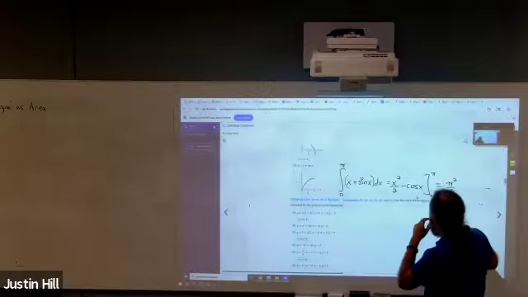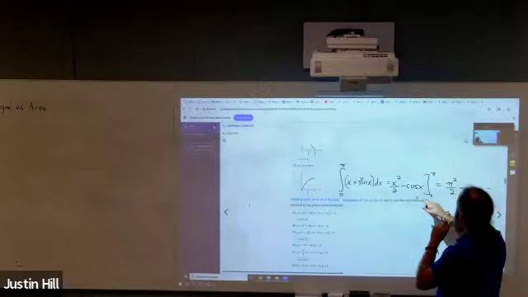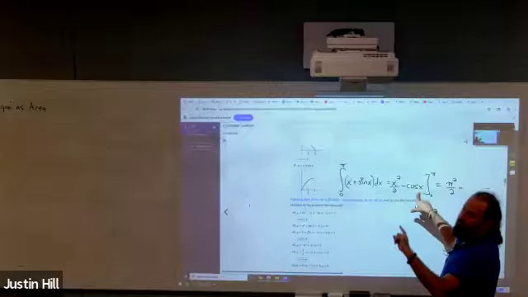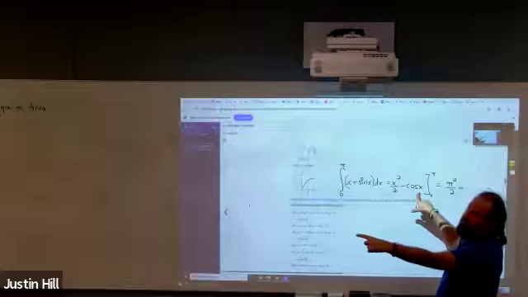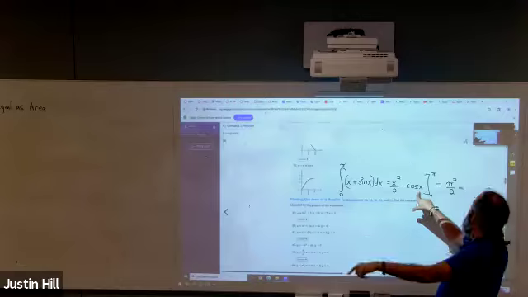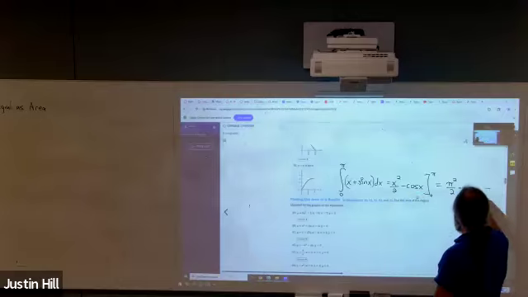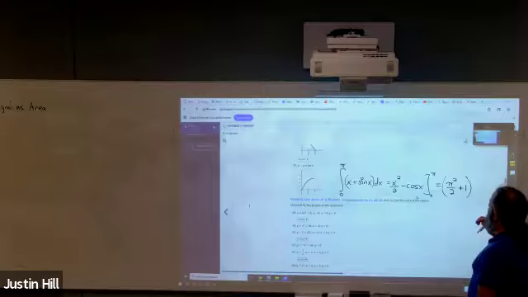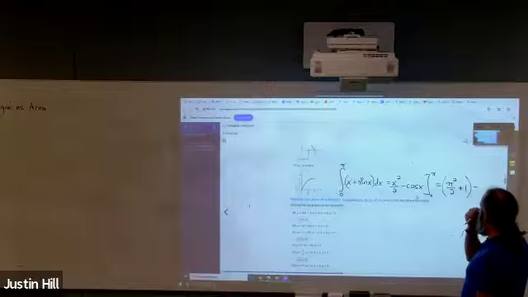So pi squared over 2 minus, now what is cosine of pi? The cosine of pi, if you think about the unit circle, is actually -1. Cosine is your x out of that unit circle. So minus -1 is actually +1. So this whole first part is going to be pi squared over 2 plus 1. Then I'm going to subtract whatever I get when I plug in 0.